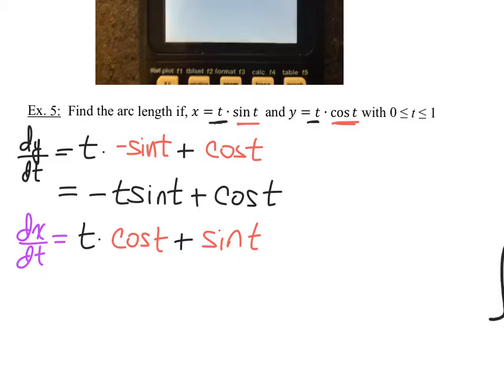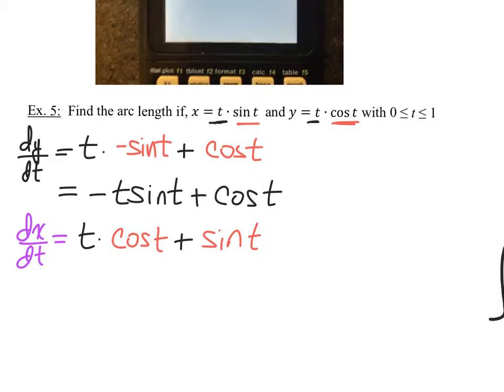So this should be fun. What I need to do is set up my integral. We derived the formula last class.